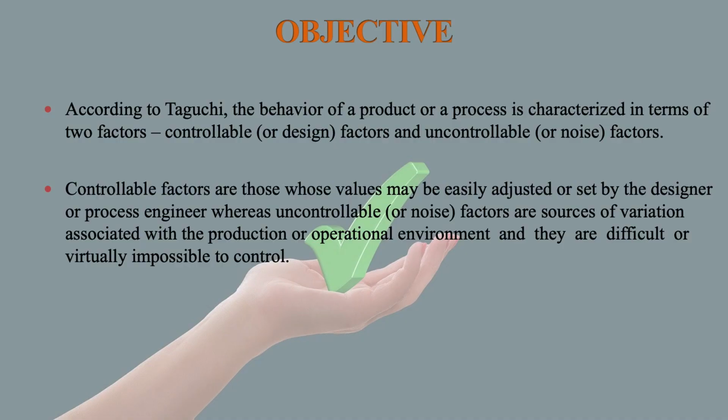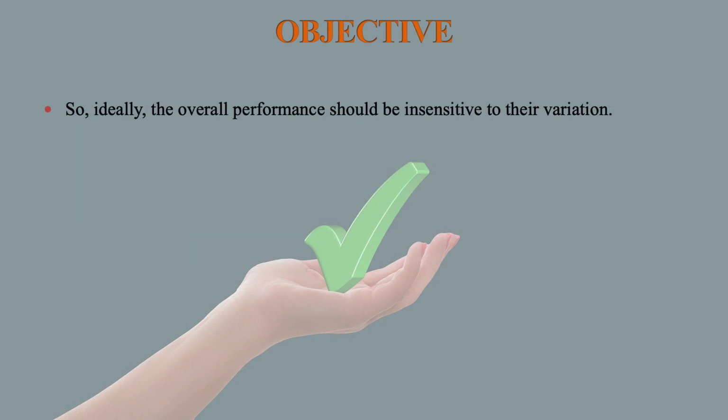Controllable factors are those whose values may be easily adjusted or set by the designer or process engineer, whereas uncontrollable factors, that is noise factors, are sources of variation associated with the production or operational environment, and they are difficult or virtually impossible to control. So ideally the overall performance should be insensitive to their variations.